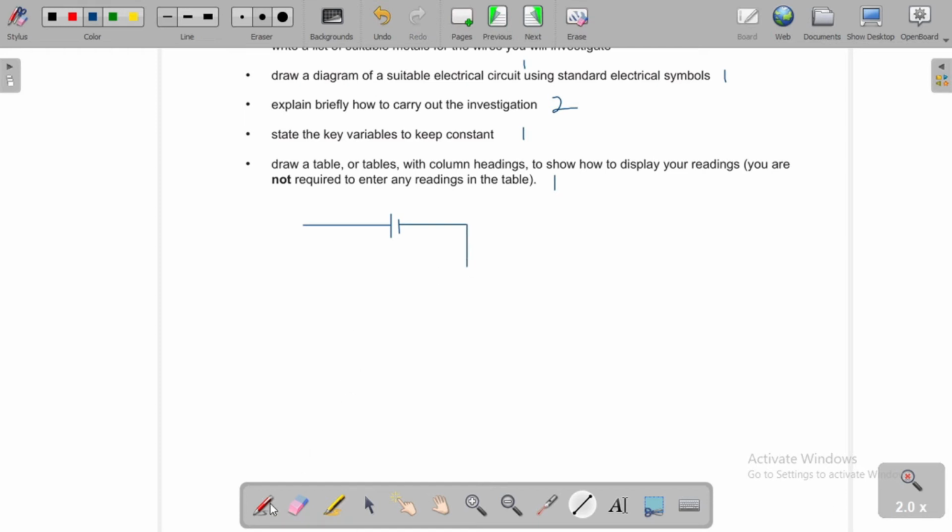Then we have our ammeter. Remember, ammeters are connected in series to a circuit. So we have our ammeter here. Our line continues. Let me branch it this way.